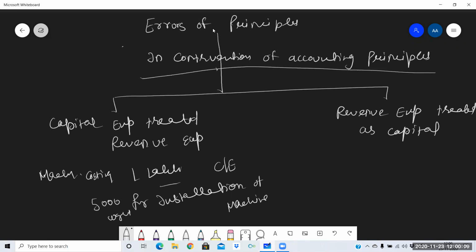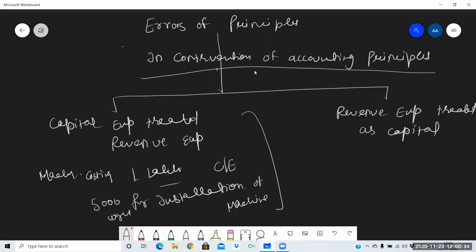Yes, very good. Capital expenditure. As I told you, until the machine starts working, each and every expense related to the machine will be added to the cost of the machine. So installation wages paid for the machine is capital expenditure.